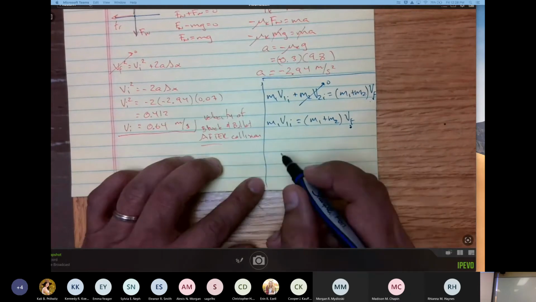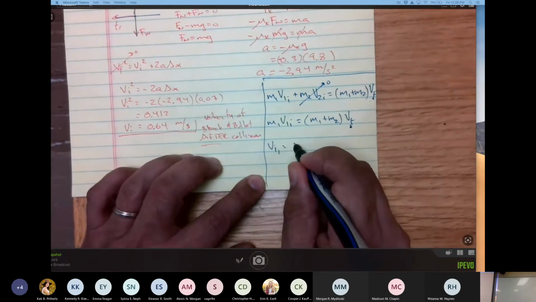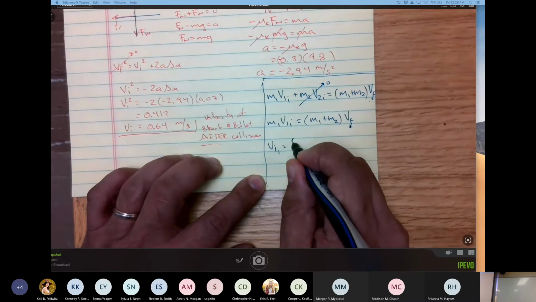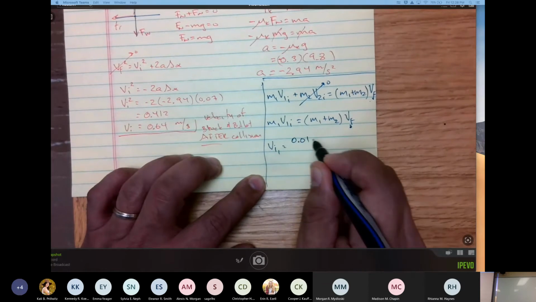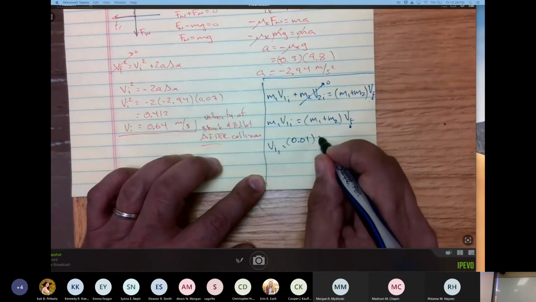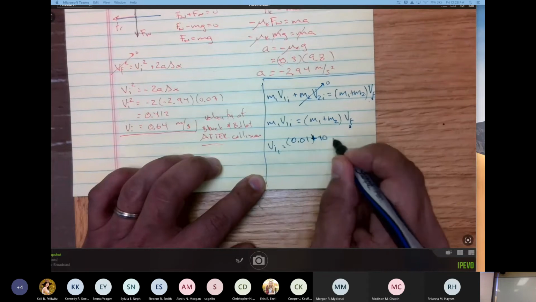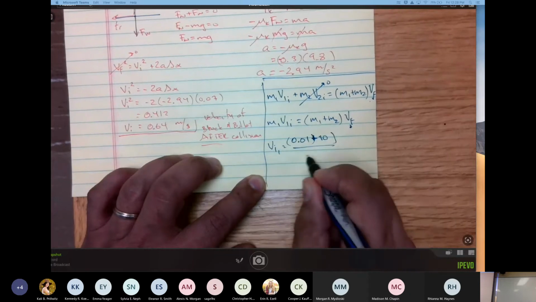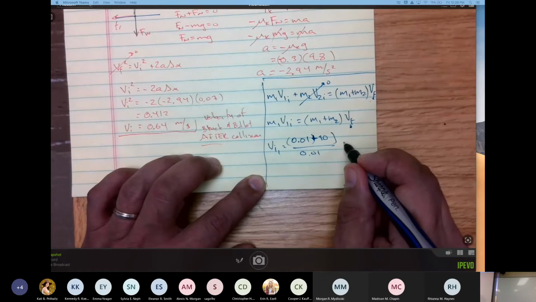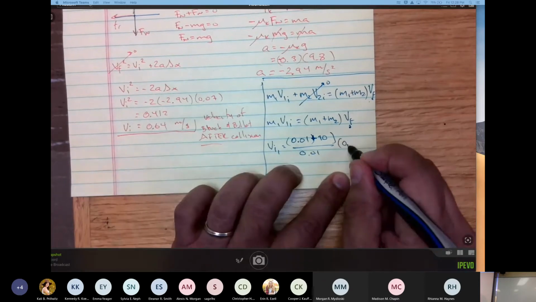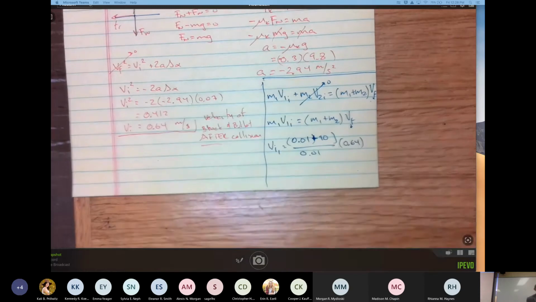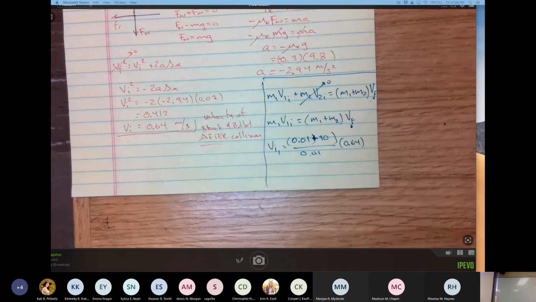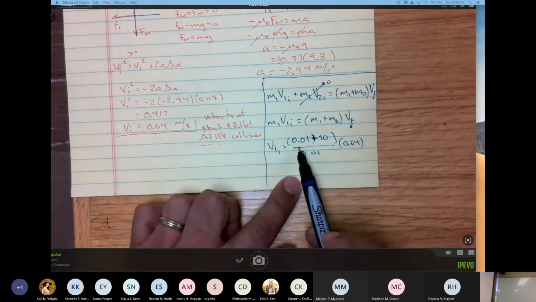That's going to be the 0.01 kilograms plus the 10 kilograms, over 0.01, times the velocity, which is 0.64. The mass of the bullet is so small compared to the mass of the block that you can almost ignore it from the top part of the equation.